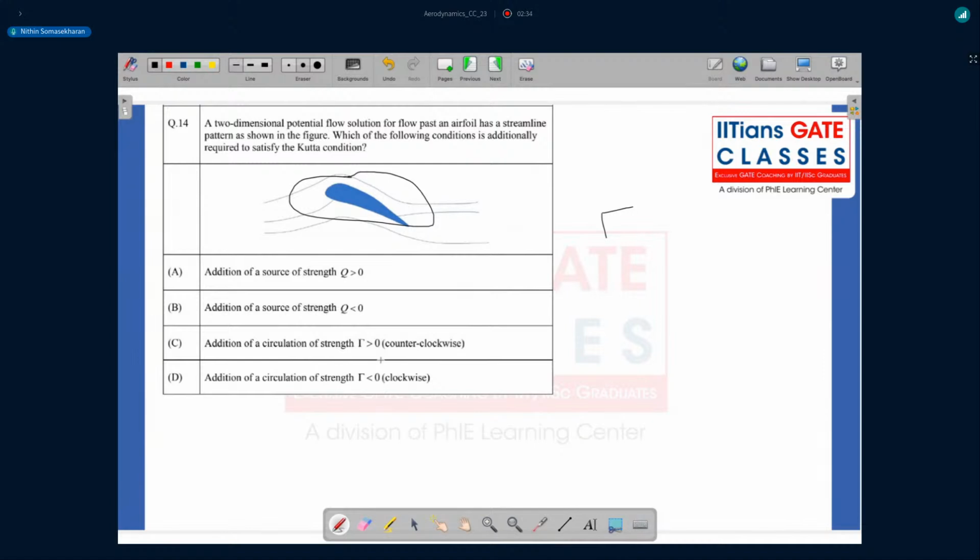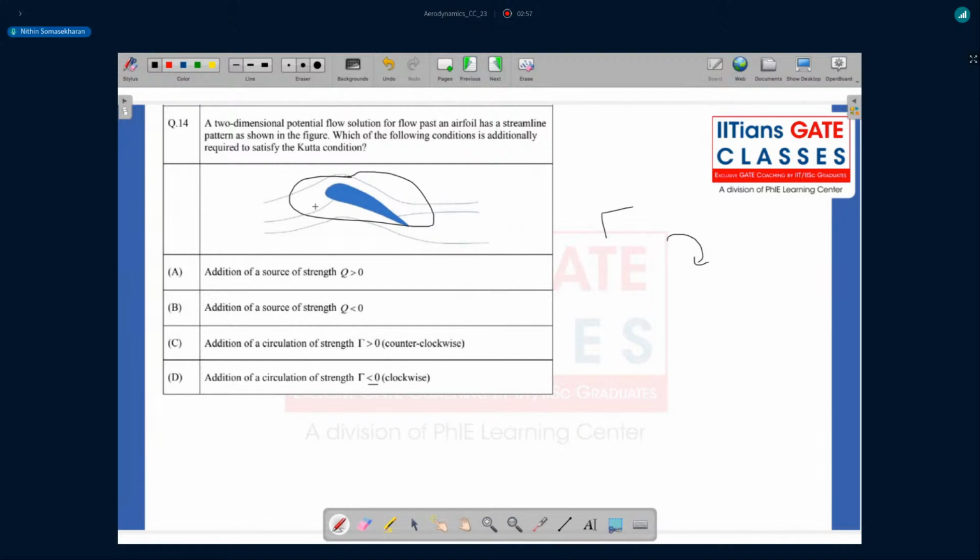And then we also need to see which they have given, the option counterclockwise or clockwise. So in aerodynamics, we always take clockwise as positive, but in mathematical sense, clockwise is negative. That's why you see clockwise is gamma less than 0, according to this mathematical sense. But in aerodynamic sense, clockwise is positive for us.